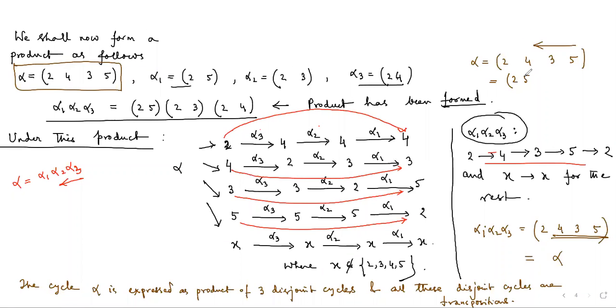First we will try to connect 2 with 5, then we'll connect 2 with 3, and then we'll connect 2 with 4. This is an example of a rule. So 2 5, 2 3, 2 4 in this manner. You cannot write it as 2 4, 2 3, 2 5. That will be wrong.